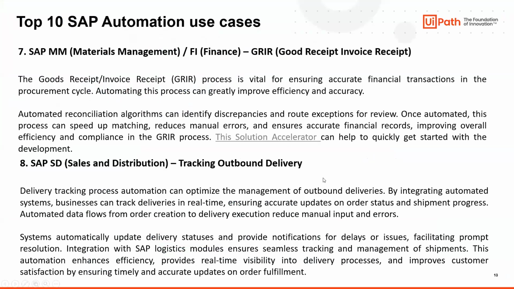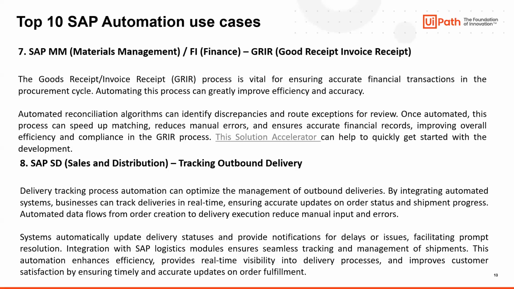Right. Talking about SAP SD, which is Sales and Distribution, one of the use cases is definitely tracking outbound delivery, where we have created a few automations around this for SD, which is really helpful to manage the outbound deliveries from the system.